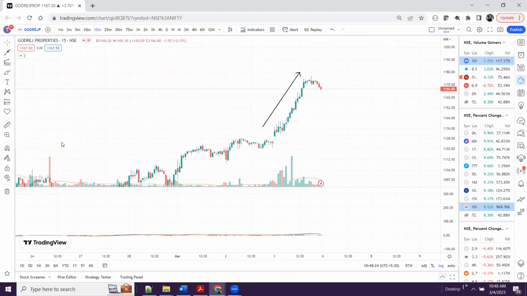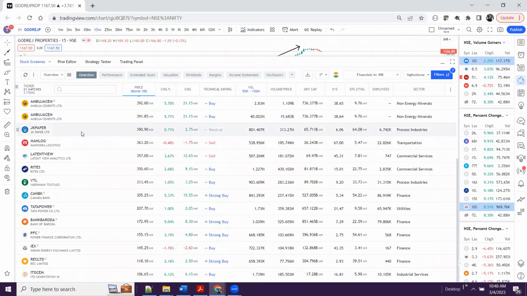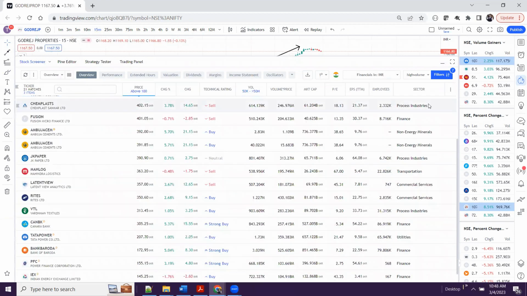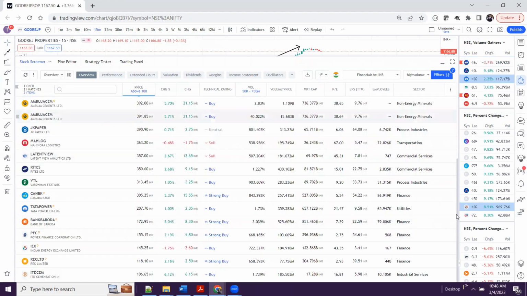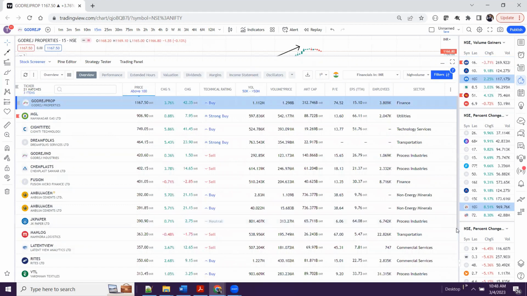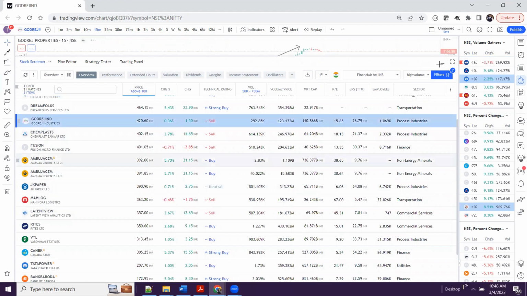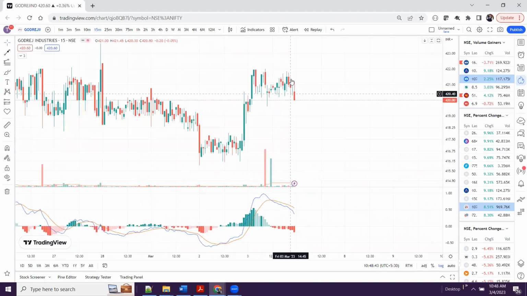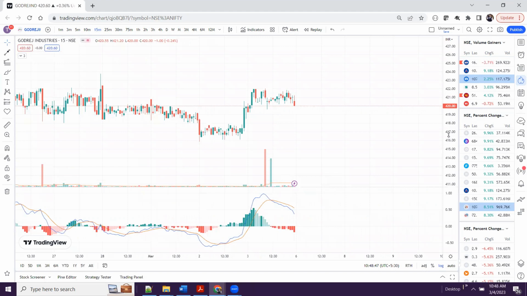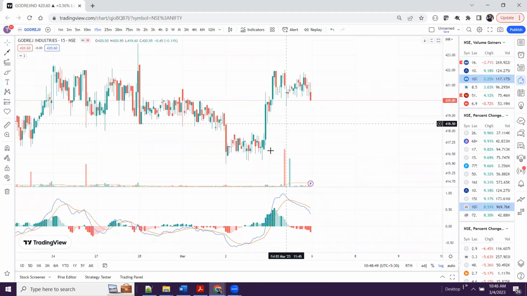Now let us take another stock. Let us take one sell side first. Let me choose Godrej Industries. So this stock actually, like I said, you should know some technical analysis also.